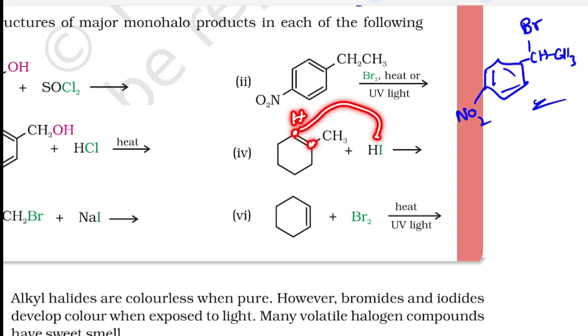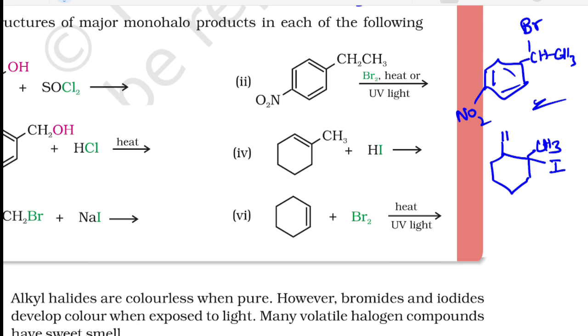Therefore, add hydrogen to this carbon and add iodine to this carbon. So what is the product obtained? You will get a product like this: CH3, I, and then here H. Already one hydrogen is existing here. So this is the product which is obtained.